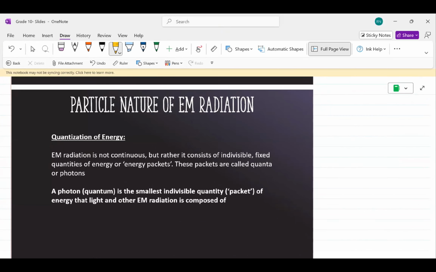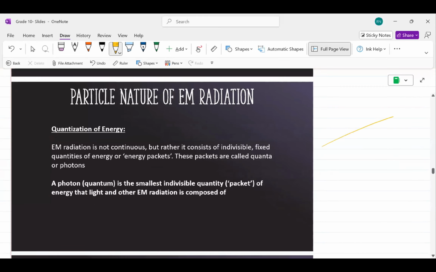Let's say I have a beam of light, let's say I have a torch, like the ones that you have at camp. What you see there is just tiny little energy packets, and they're moving with each other and transferring energy to each other. And what we call these tiny little packets, we call them photons, right?